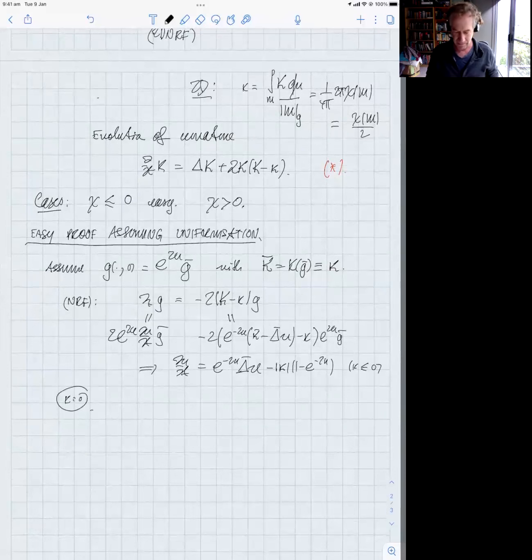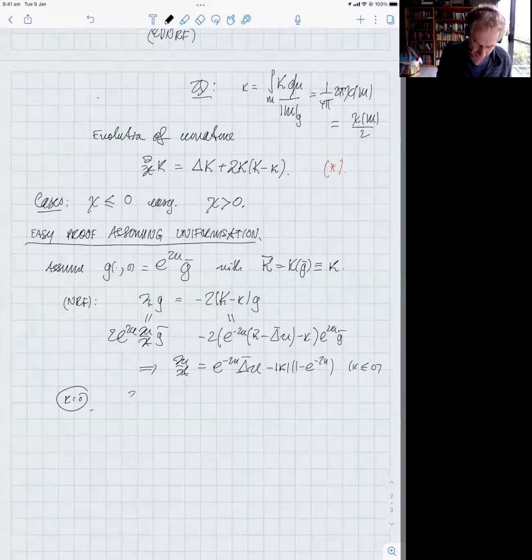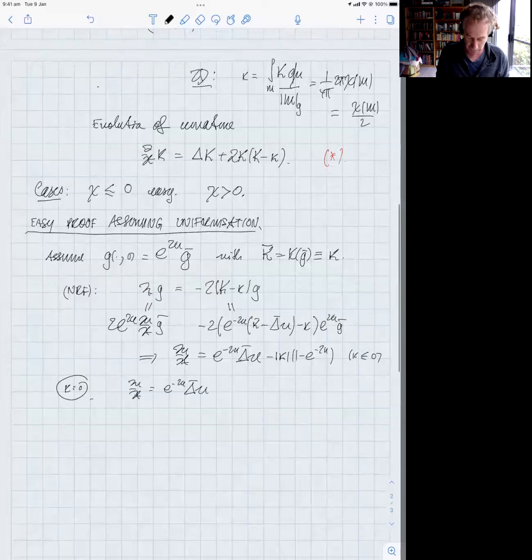This is the case of a torus, essentially. We've got an initial metric on a torus, and we're assuming we've got some background conformal metric which has 0 curvature in this case. So kappa is 0. Then our equation just becomes du/dt is e^{-2u} Laplacian of u. That's a beautiful equation.